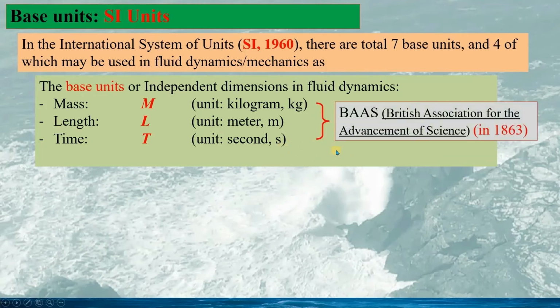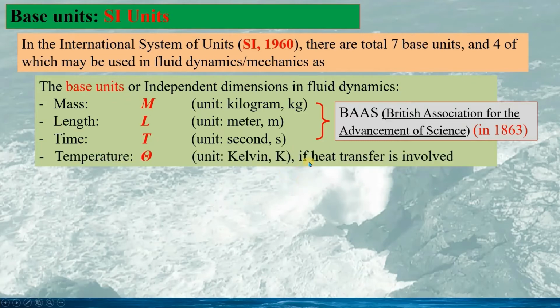These three base units were the first base units recommended by the BAAS, British Association for the Advancement of Science, in 1863, and later on, with the advancement of science, more base units were added. For instance, temperature, symbol theta, unit Kelvin, K. This temperature would be used if heat transfer is involved in the fluid dynamics.